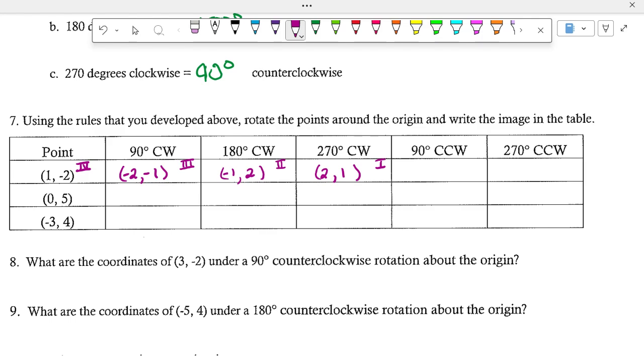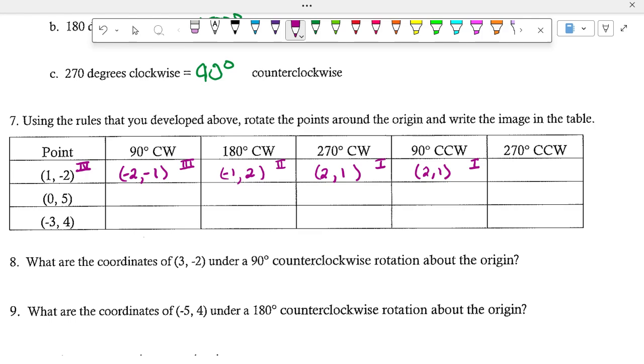So is everyone understanding what I'm doing? All right. Now, counterclockwise, we technically already found the points. So we start in quadrant 4 and I go counterclockwise. What quadrant do I end up in? Quadrant 1. And what did we say the point was when we go to quadrant 1? 2, 1.